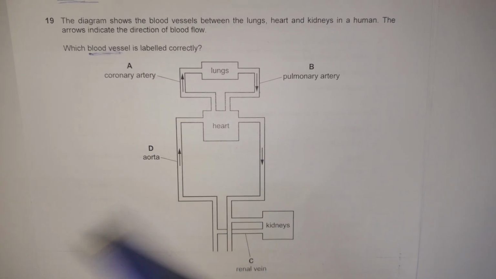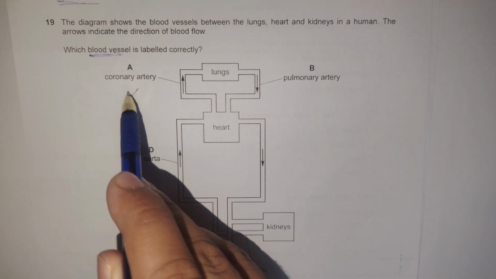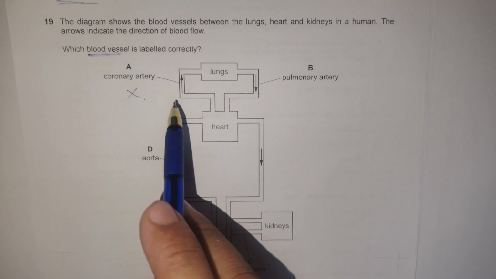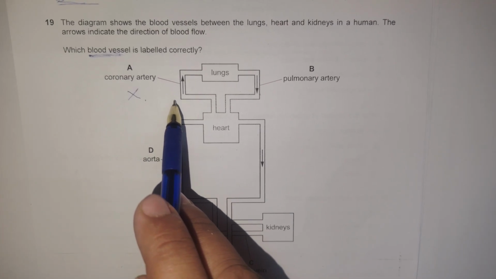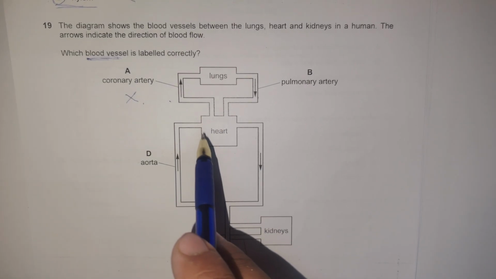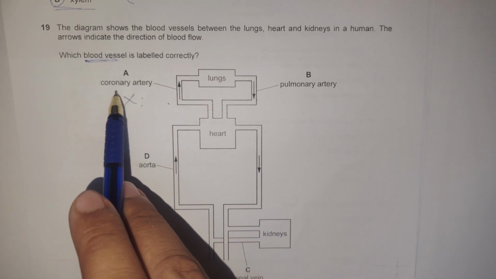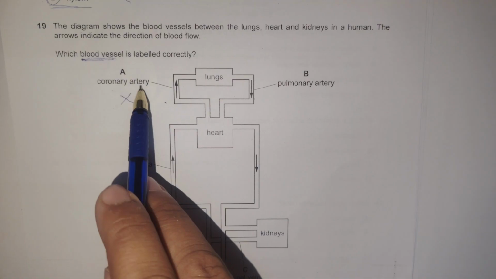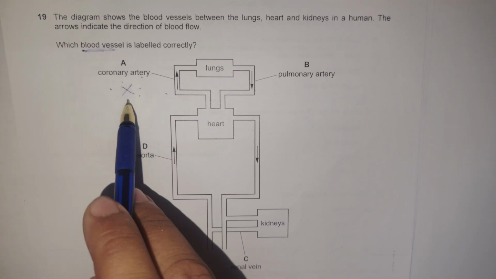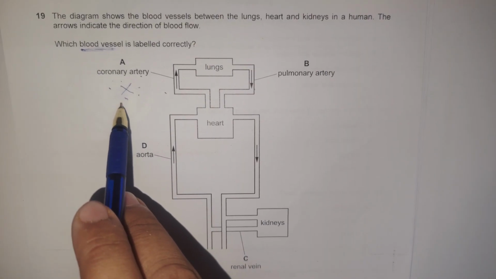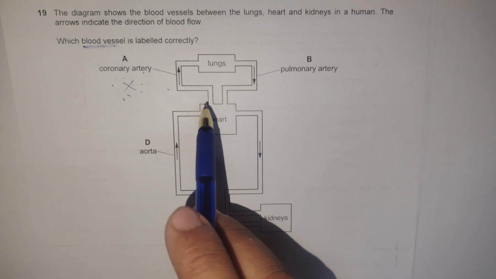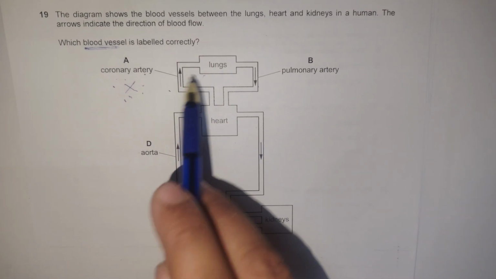Option A. Option A is not the correct label. It's incorrect because it carries deoxygenated blood from body to heart. Deoxygenated coronary artery. This vessel is the vena cava, and it carries deoxygenated blood from the body to heart. But here you can see it is taking it towards the lungs.